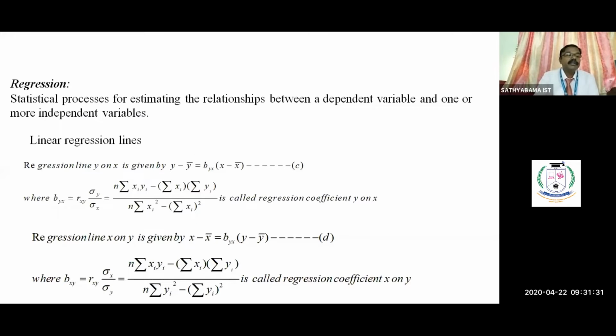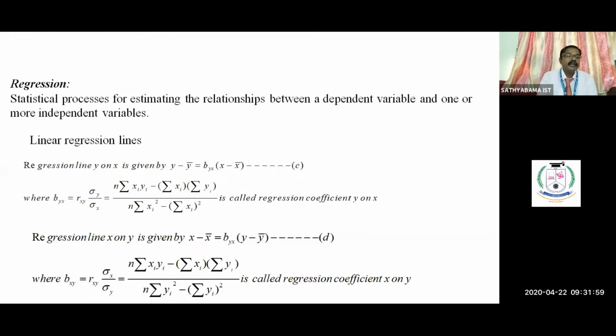Next one, regression. Just before, I told you we used to find the relationship between x and y. So there are two linear regression lines. One is y on x, the other one is x on y. In the last class, we discussed how to calculate this formula. C and D are the regression lines to find y on x and x on y.